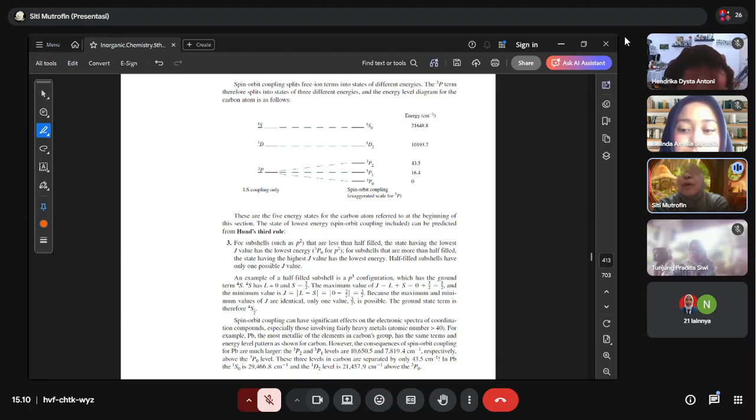So if Bu Rovin has 3 electrons in the p orbital, is it classified as less than half filled, more than half filled, or half filled? Half-filled. 4 electrons? More than half-filled. 2 electrons? Less than half-filled.